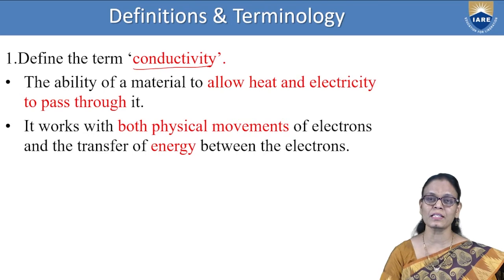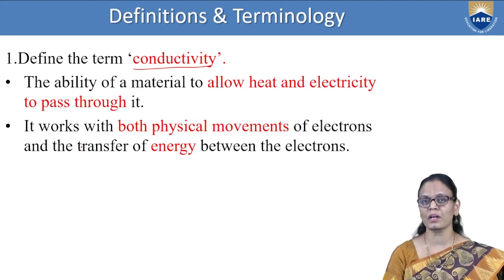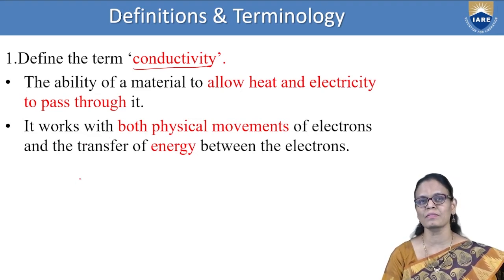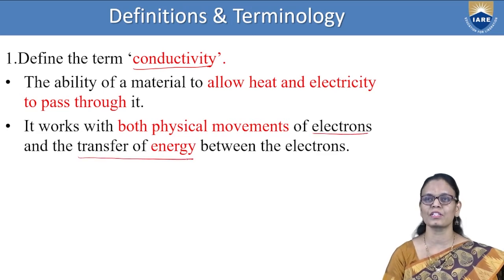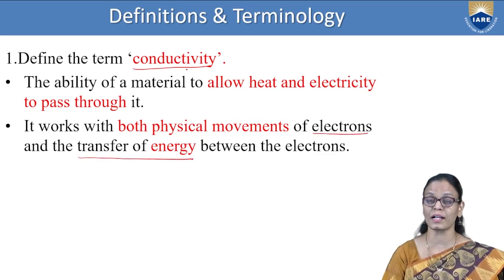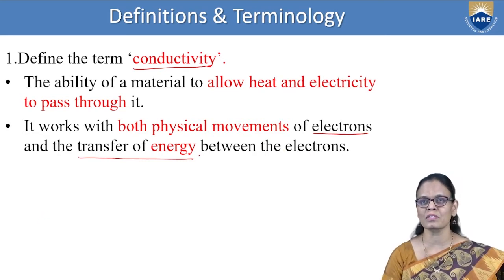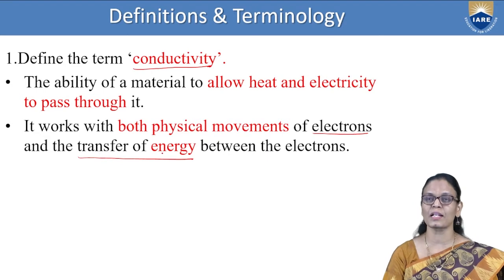If its ability is less, or it does not allow heat or electricity to pass through it, then its conductivity is very low, or no conductivity in some cases. Conductivity works through both the physical movement of electrons and the transfer of energy between the electrons.